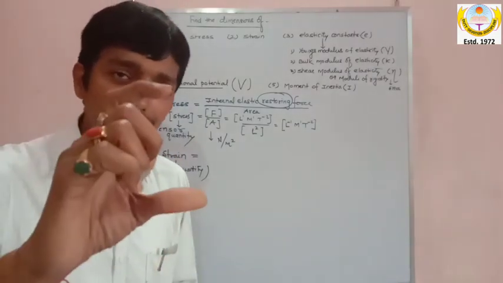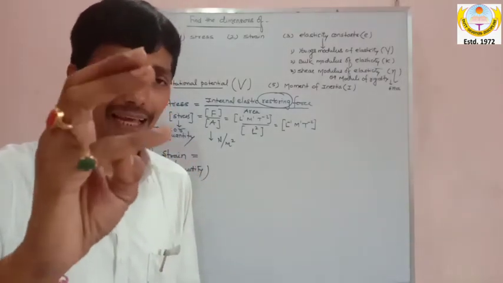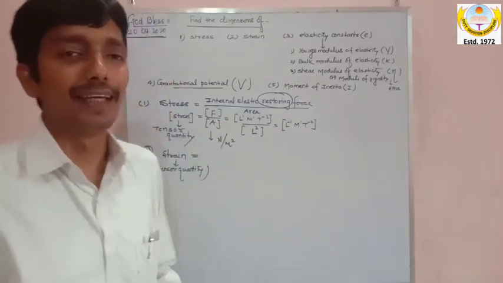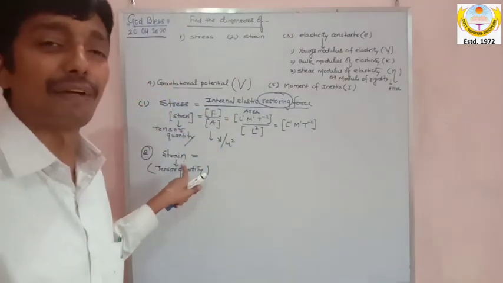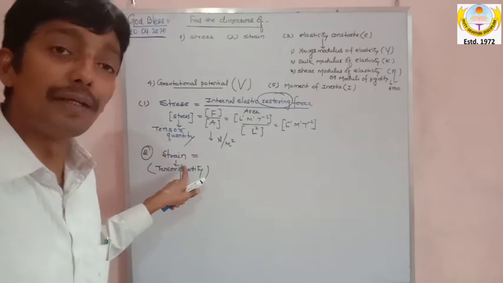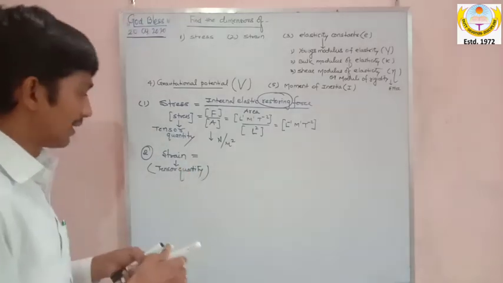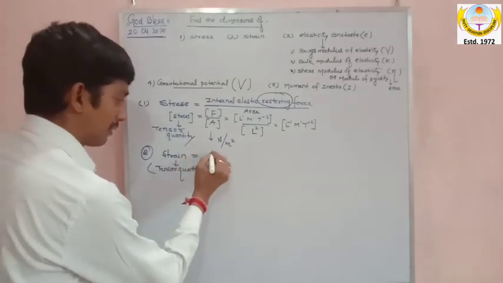Now my dear, if these dimensions, length, volume or shape, change, then we say our body got strain. Our body possesses strain. Am I clear? So now my dear, what is the definition of strain?